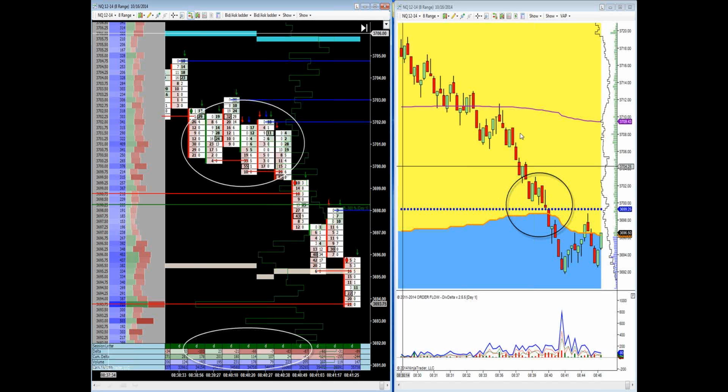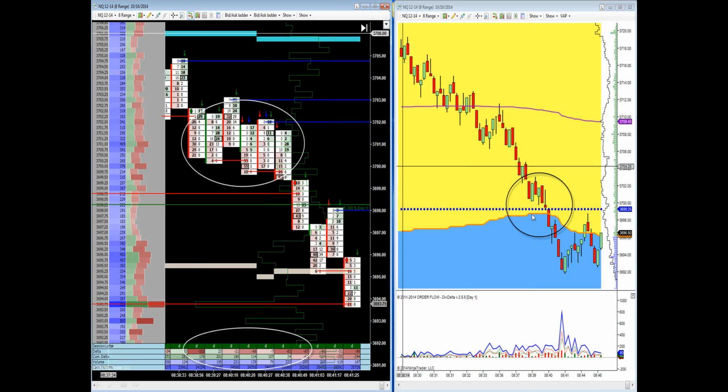So we're watching this come down, and we're thinking, okay, well, we've got the lower value area here. We've got the value area from yesterday here in blue. So what I'm thinking is, am I going to buy this off of this orange line, or am I going to sell it? Here, price congests a little bit.